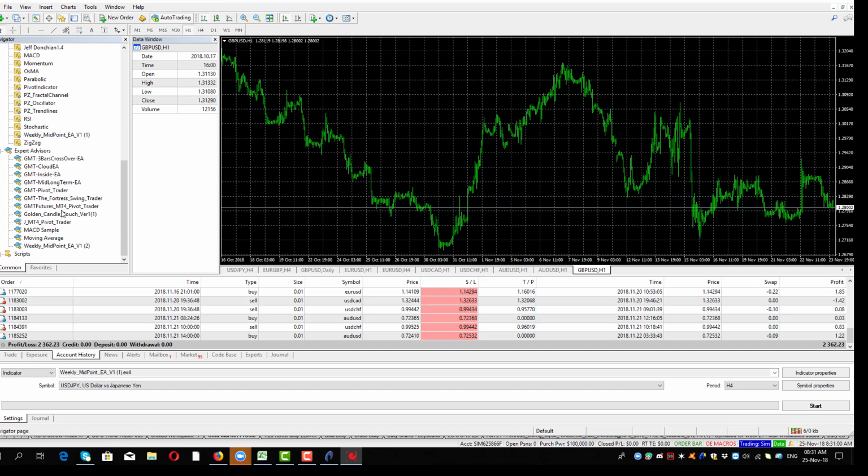The weekly midpoint, the weekly candle close, the golden candle, those strategies seem to be running really well on MT4, and his results have been very good.